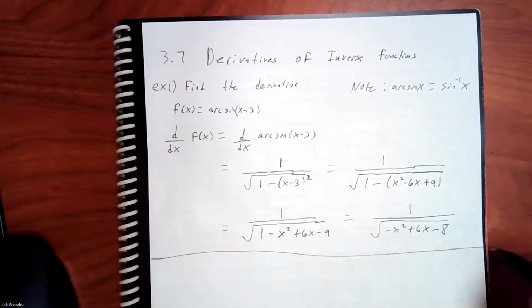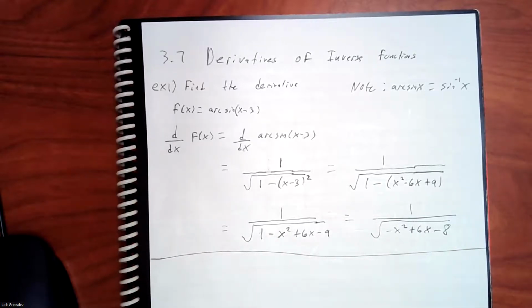Any questions on example 1? Do you see how we're just using a formula? Well, there's technically a chain rule happening, but it didn't really matter here.